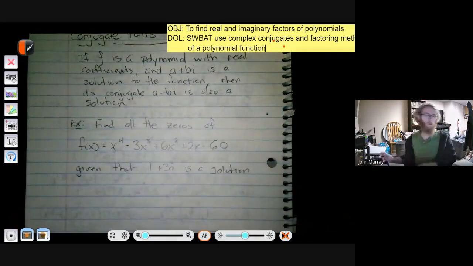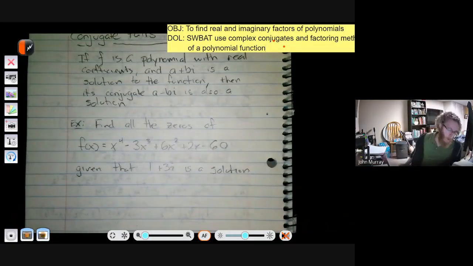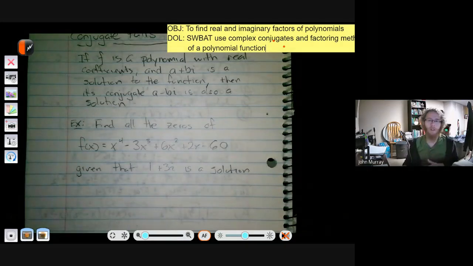Okay, so one way that this comes into play is when we have a quadratic and we use the quadratic formula to solve. The complex conjugate is already built in. We have negative b plus or minus the square root of blah blah blah.